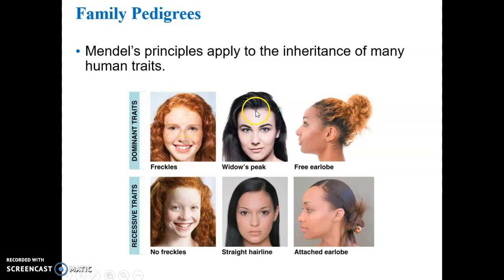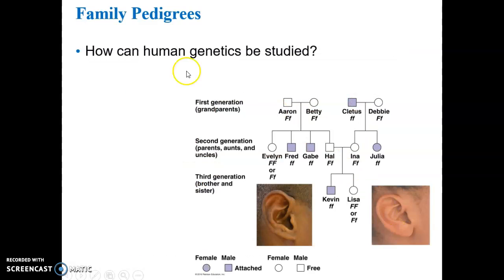The widow's peak is more common than the straight line, and the free earlobes are more common than the attached earlobes, because the dominant traits would be expressed with the homozygous dominant genotype, but also the heterozygote. The recessive traits are only really seen with the homozygous recessive genotype, which is going to be less common. So these recessive traits, which you can see are the phenotypes, are also going to be less common, right?